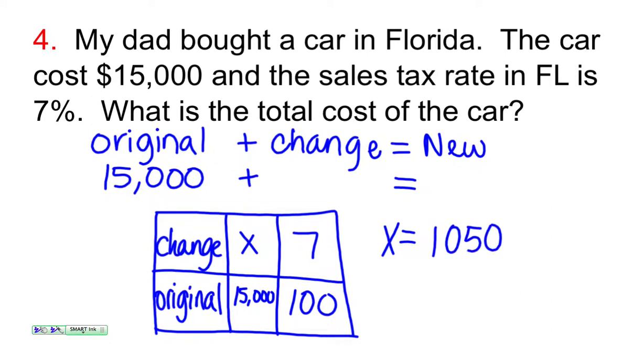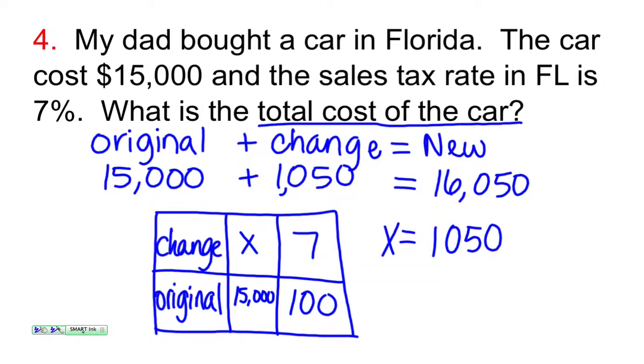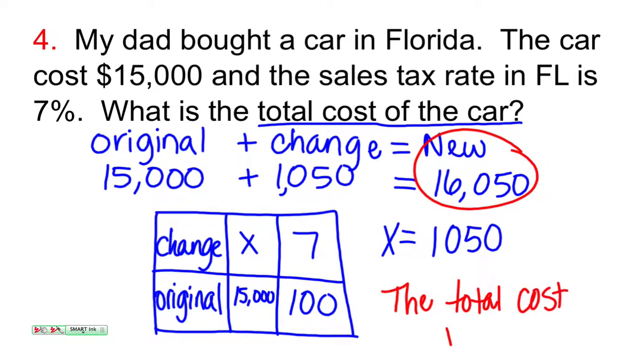X is the tax, so that goes back into this equation up here. 15,000 plus 1,050 is going to give you a new price of $16,050. Go back to the question, and it says, what is the total cost of the car? So what we're looking for is the new amount. So your answer would be the total cost is $16,050.